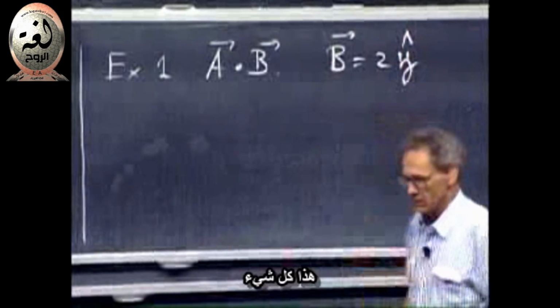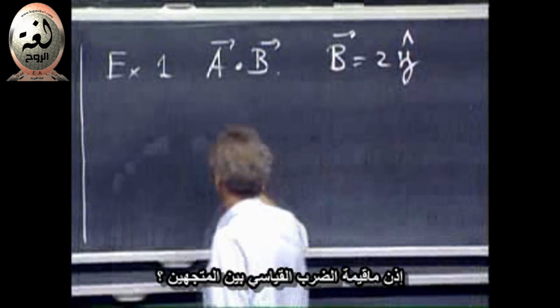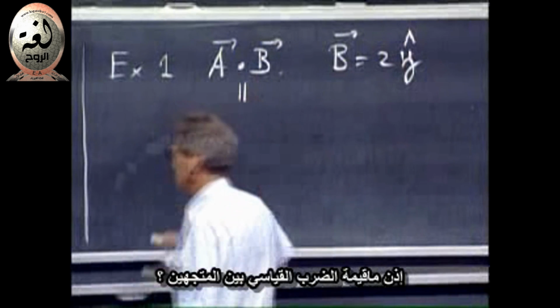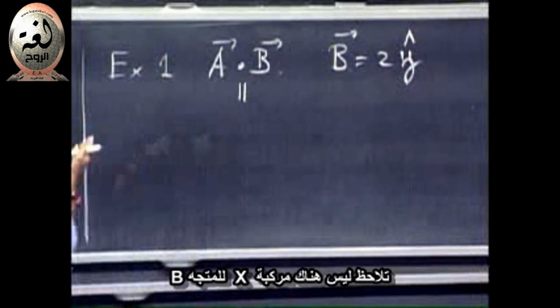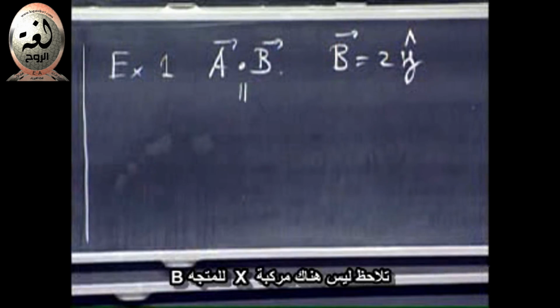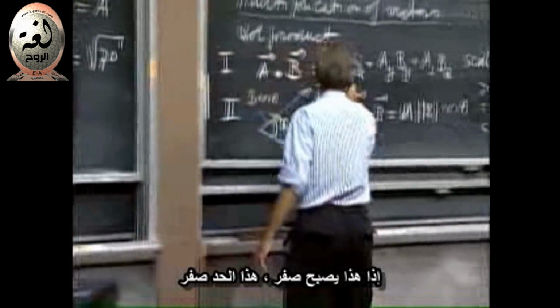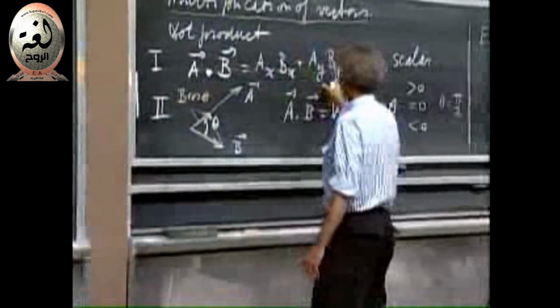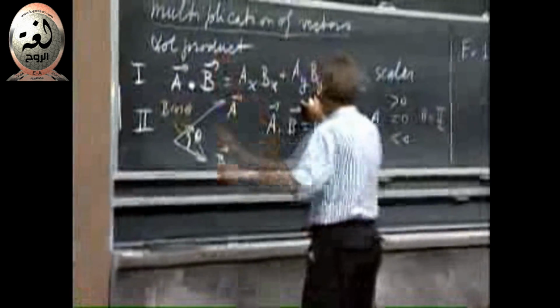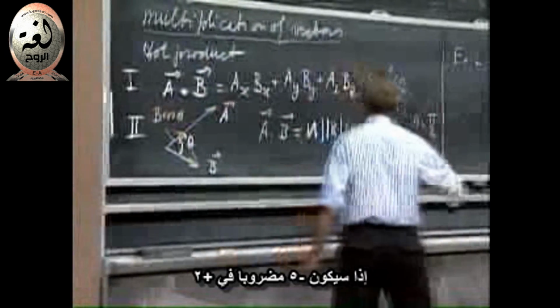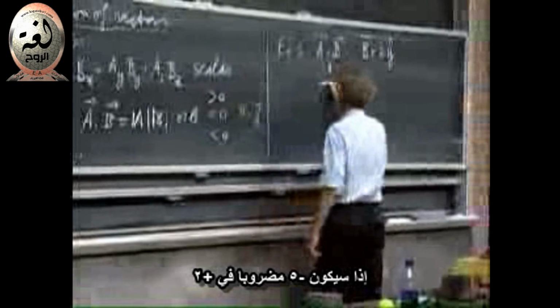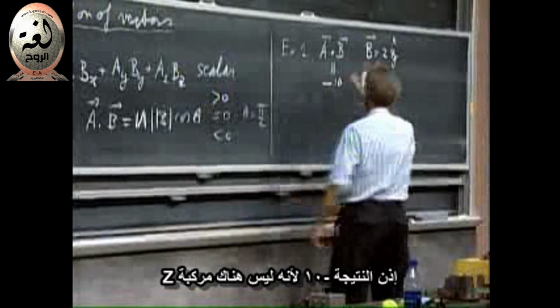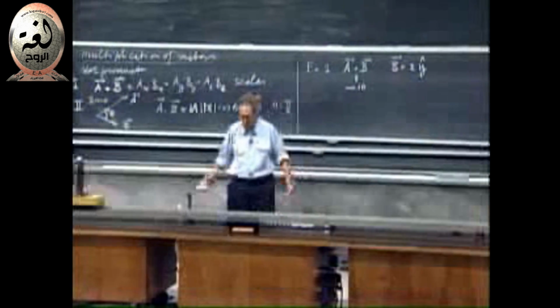That's all it is. Well, what is A dot B? There's no x component of B. So this term becomes 0. There is only a y component of B. So it is minus 5 times plus 2. So I get minus 10 because there is no z component. Simple as that. So it's minus 10.